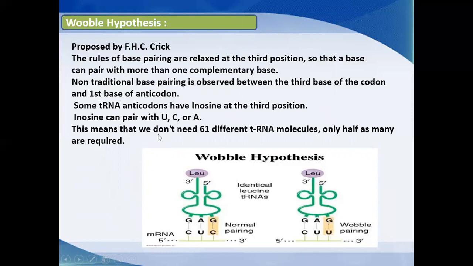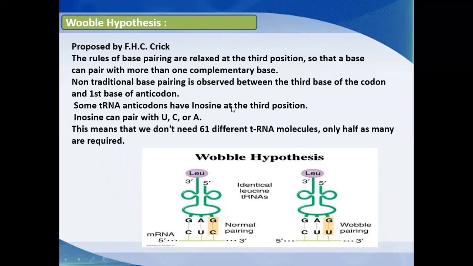This means that we don't need 61 different tRNA molecules, only about half as many. Generally 61 sense codons are there. In the same way, 61 tRNA molecules would be represented in the form of anticodons. But the number of tRNA molecules is less than the number of sense codons. That indicates the anticodon of some tRNA molecules pairs with more than one codon.